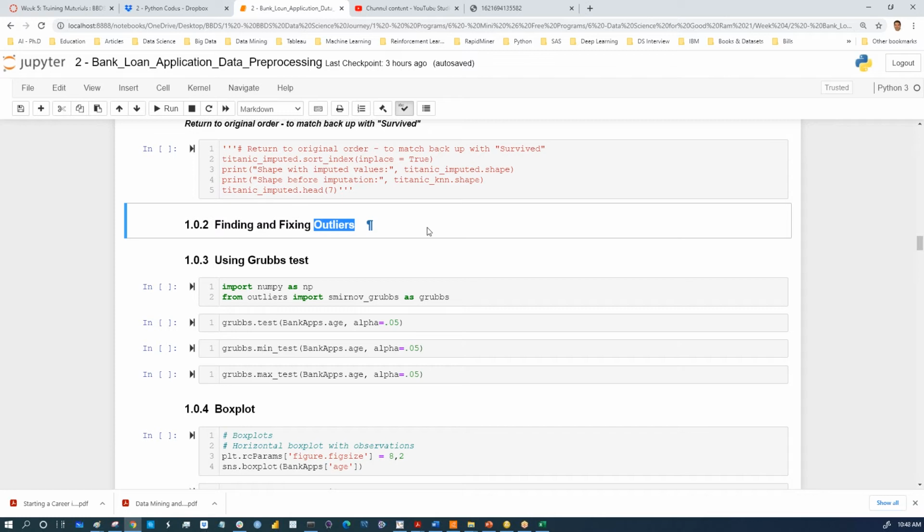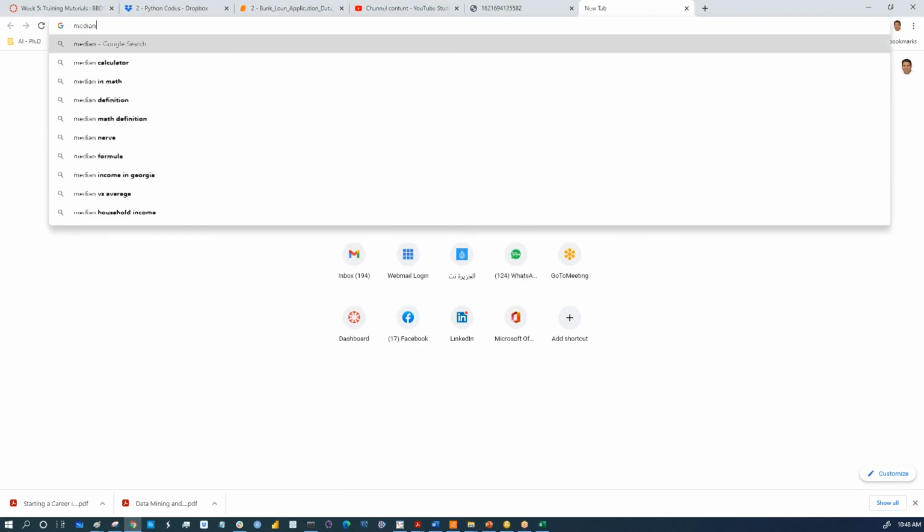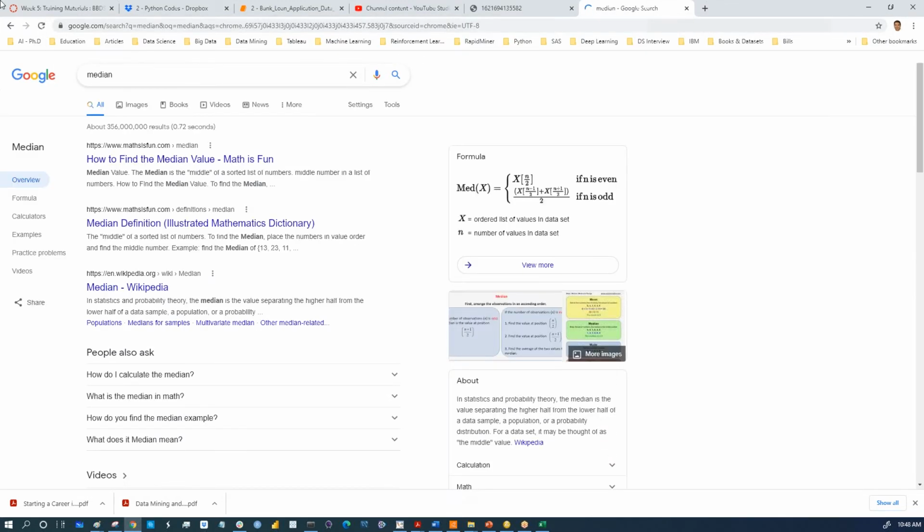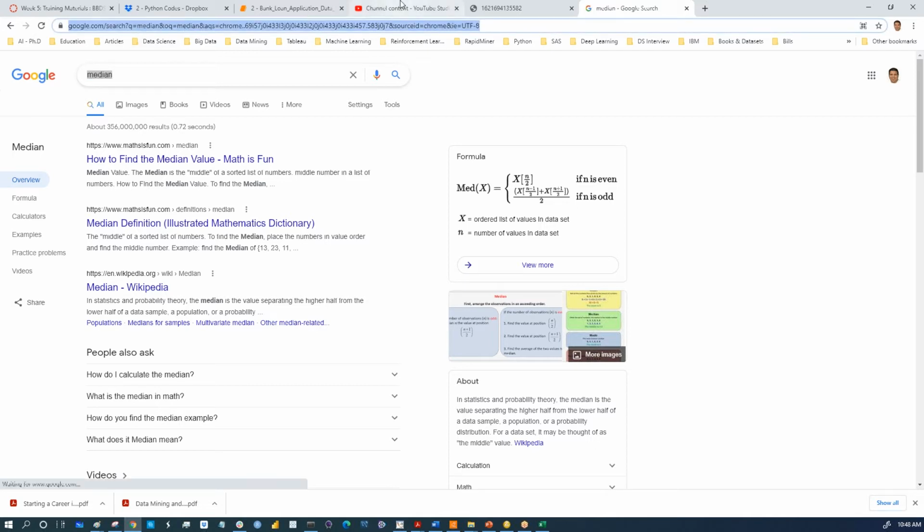There are a lot of techniques that we could use to determine these outliers. One of them is using the Grubbs test. The Grubbs test simply calculates, and we will be looking at the p-value.